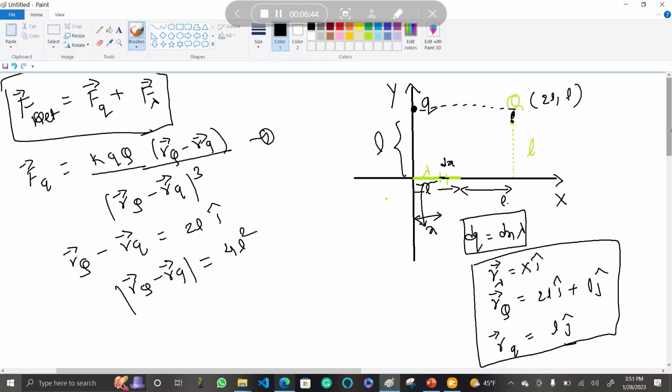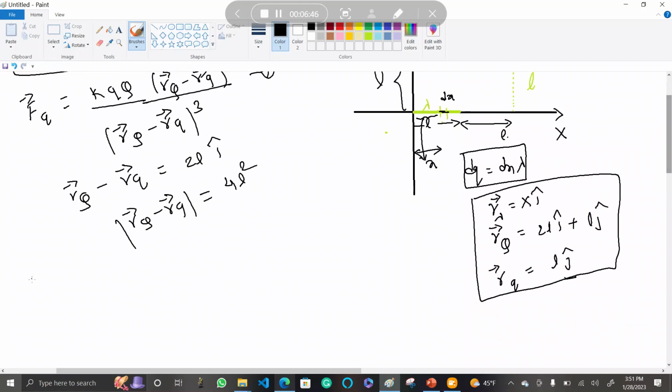So I can write the force on charge q as kqq' into 2l i vector divided by this whole cube.